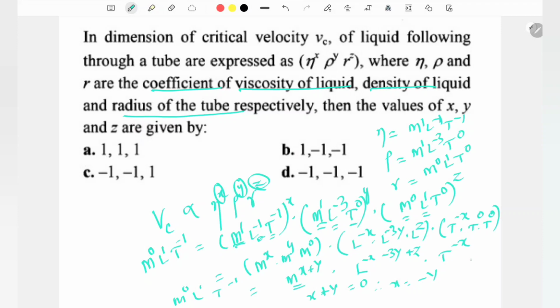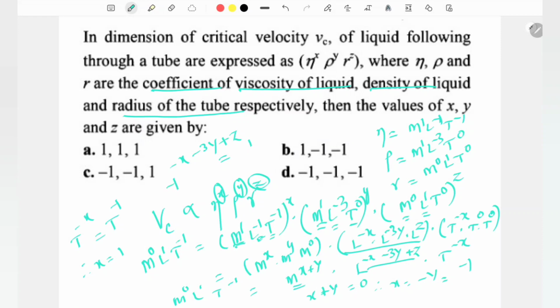Next, T power minus x is equal to T power minus 1. By comparing, we get x is equal to 1. So y is equal to minus 1. Next, by comparing the L terms, we get minus x minus 3y plus z is equal to 1.